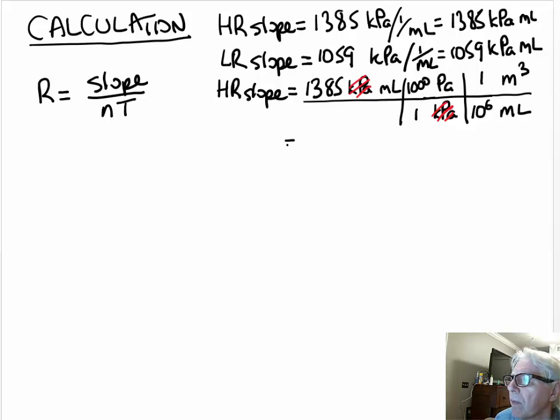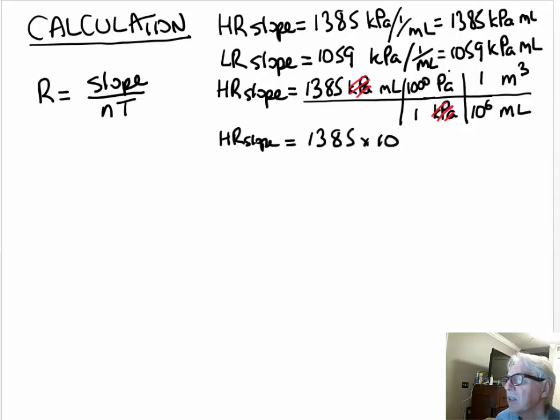So highest reasonable slope is equal to 1385 times 10 to the, well, there's 1,000 on the top and 1,000,000 on the bottom, so it's 10 to the minus 3. And the units will be pascal meter cubed.